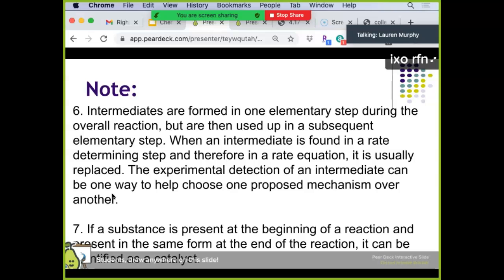They aren't affected chemically in the reaction. They are put in and then they come out unchanged. All they do is help the reaction go, but they aren't actually participating in the chemical reaction. So because of that, you don't see catalysts in an overall reaction either. You can see them in the mechanisms, but you won't see a catalyst or an intermediate in an overall reaction.